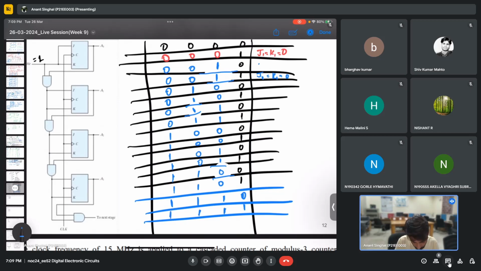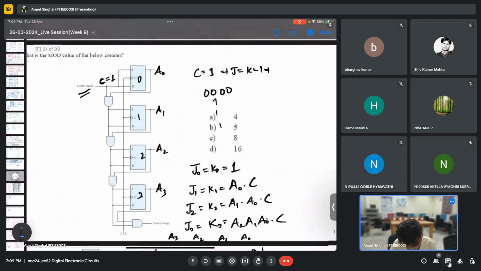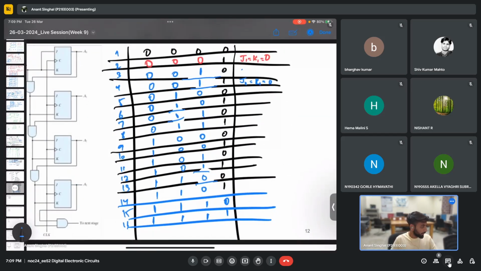Okay, so I guess this is 1, 2, 3, 4, 5, 6, 7, 8, 9, 10, 11, 12, 13, 14, 15, 16. So I'm getting all the states here. Is it right? Are you also getting the same? Please confirm if I've done it correctly. If yes, then this will be a mod 16 counter.